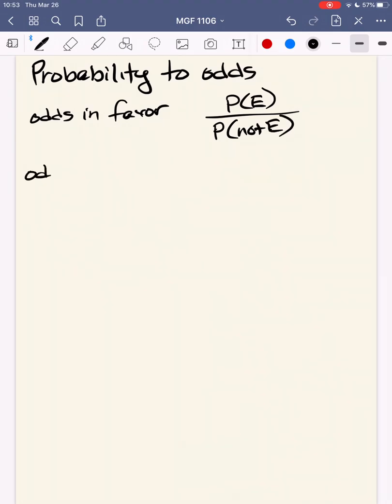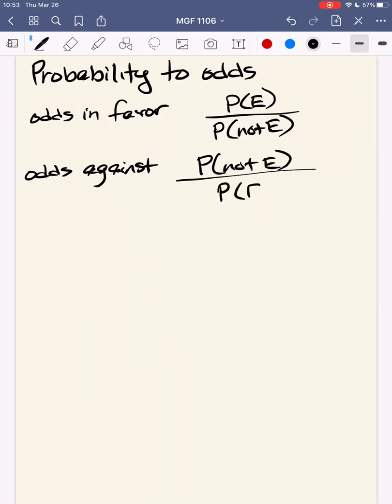So odds in favor of an event happening is the probability of the event occurring divided by the probability of it not occurring. Odds against is the probability of the event not occurring over the event occurring.